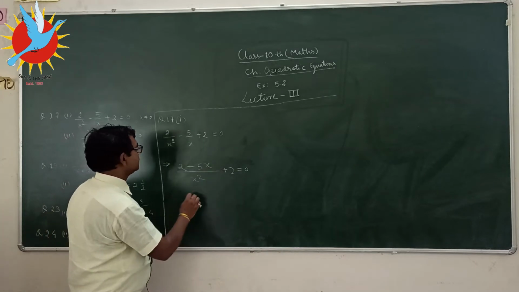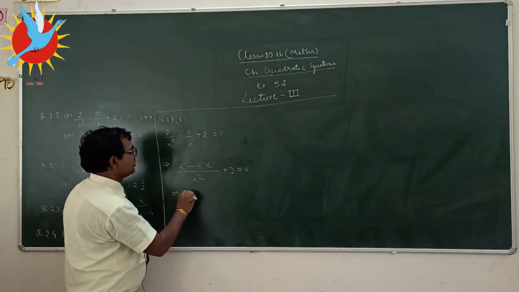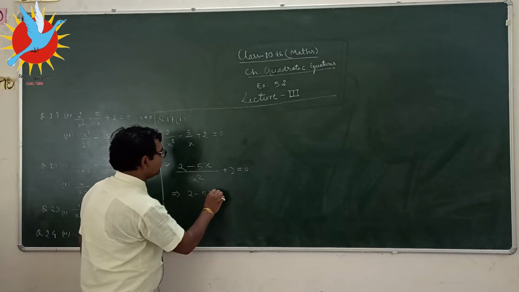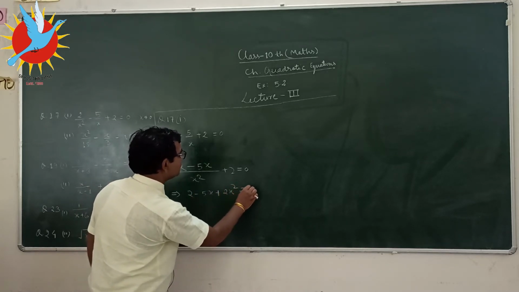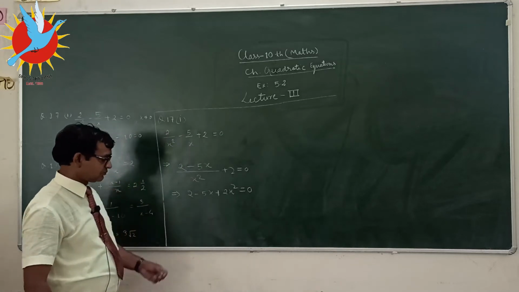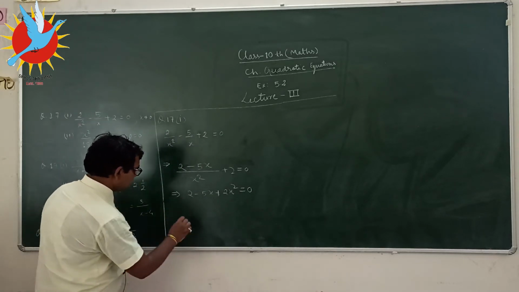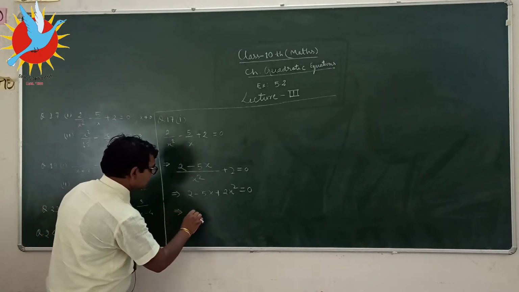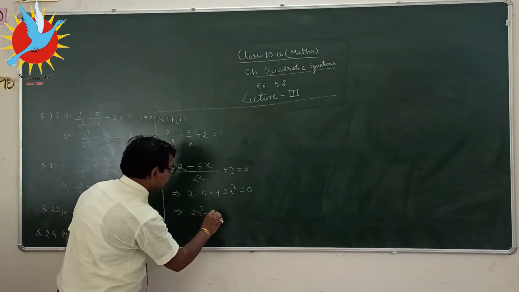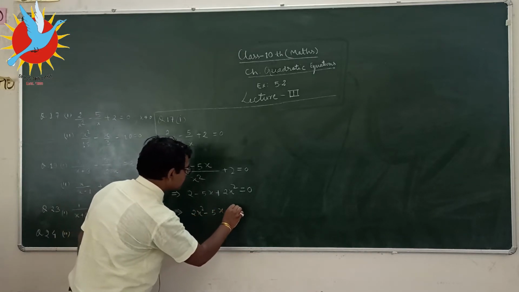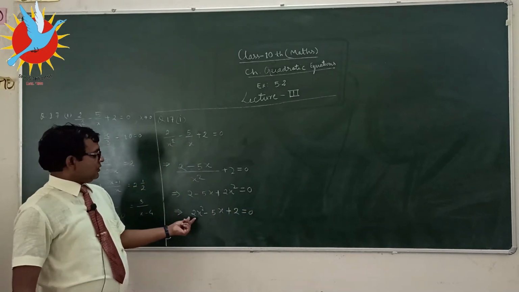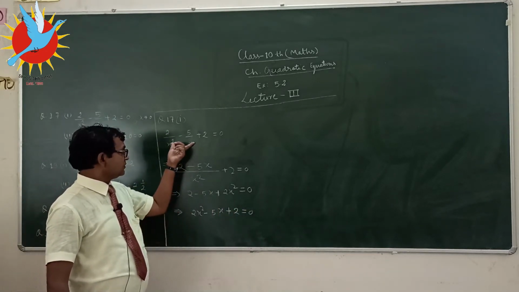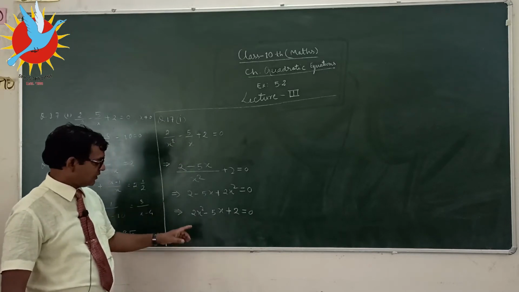Now multiply this to this, this implies that 2 minus 5x plus 2x square equal to 0. Now this can be again written as 2x square minus 5x plus 2 equal to 0. This has been converted in this form.